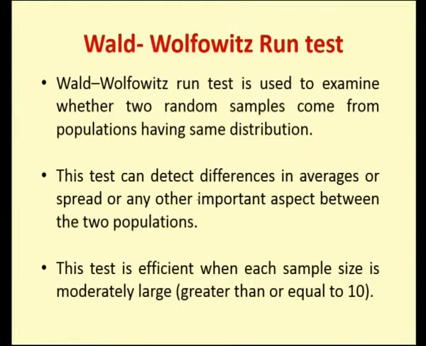This test can detect differences in averages or spread or any other important aspect between the two populations. This test is efficient when each sample size is moderately large, usually greater than or equal to 10. If the sample size is greater than or equal to 10, we call it a large sample.